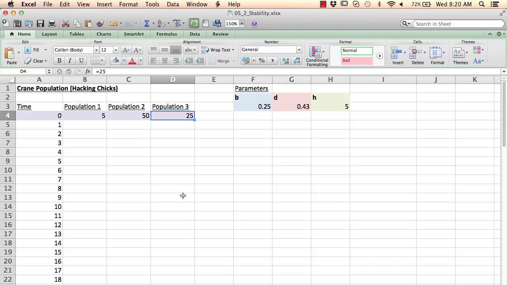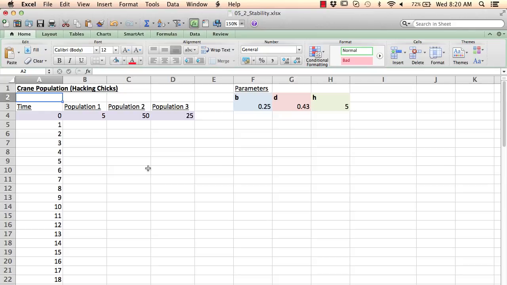So before I actually begin inputting formulas into Excel, I want to just make sure that we have the basic recurrence relation down that we're going to use within Excel. I'm going to do this in red, just so it's clear that this is a formula that's important.